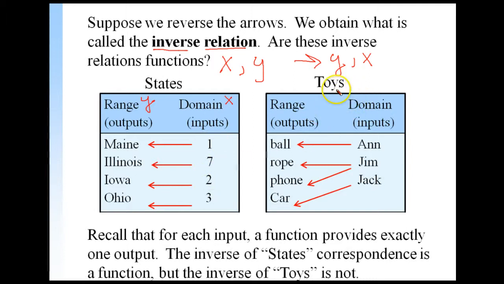But when we look at toys, we see our domain now, our x values. Since Jim is used twice here, this no longer is a function in its inverse relation. And that's what they're explaining here.